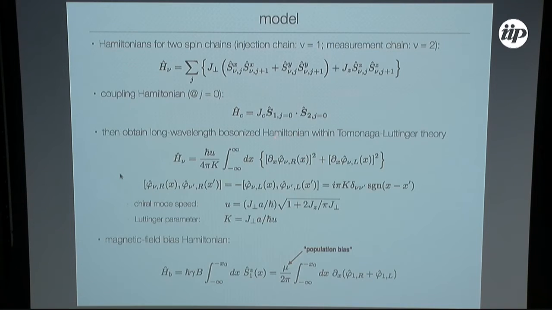Yes, this one here is SU(2) symmetric. There is anisotropy within the chain, but between the chains I'm assuming it's SU(2) symmetric.